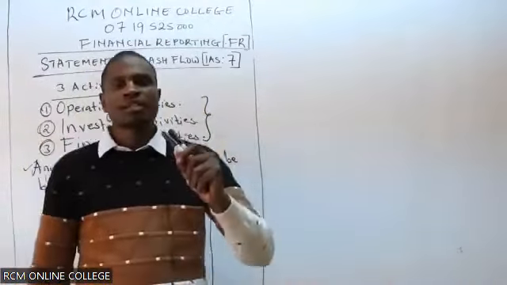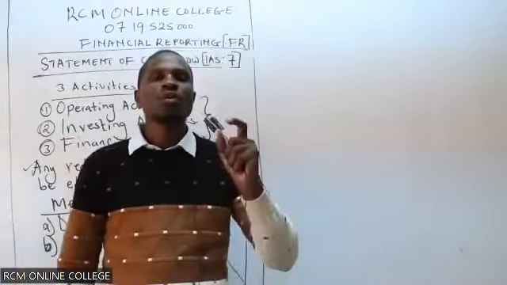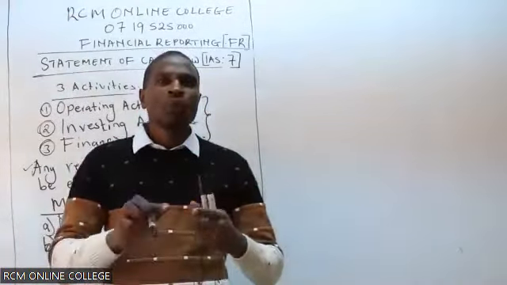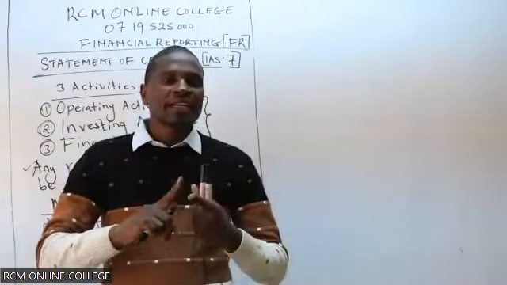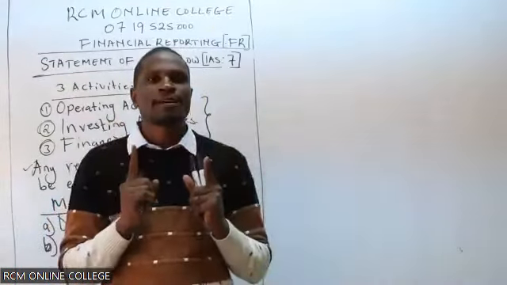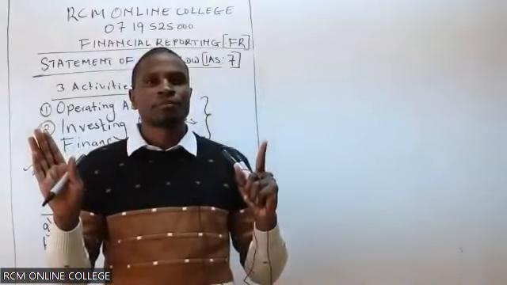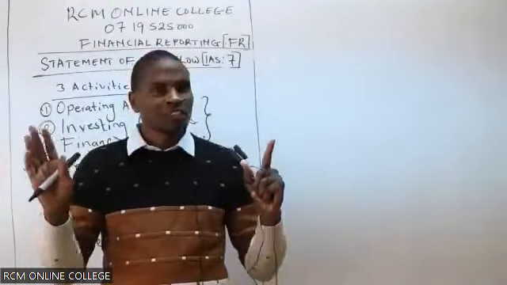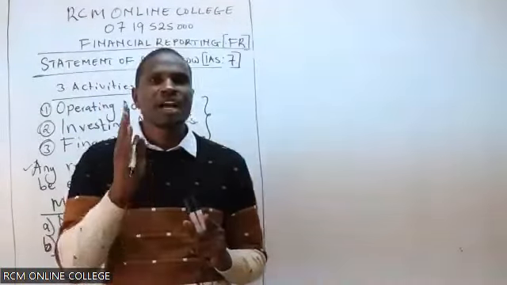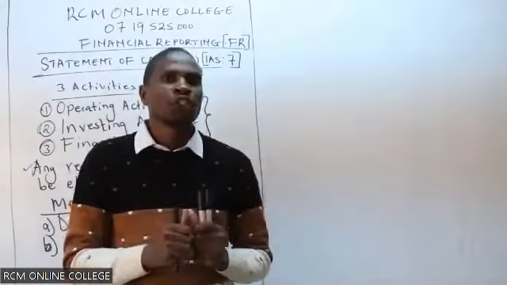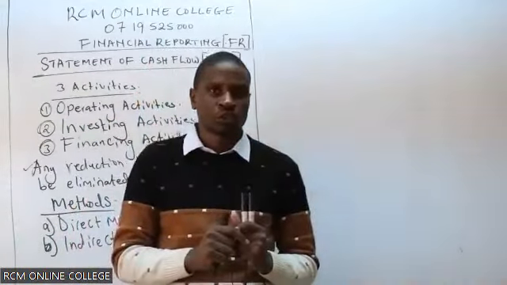Class, the direct method is whereby we need to know the exact cash received from our debtors and the exact cash paid. Once you consider that under operating activity, you will be in a good position to perform in this question.